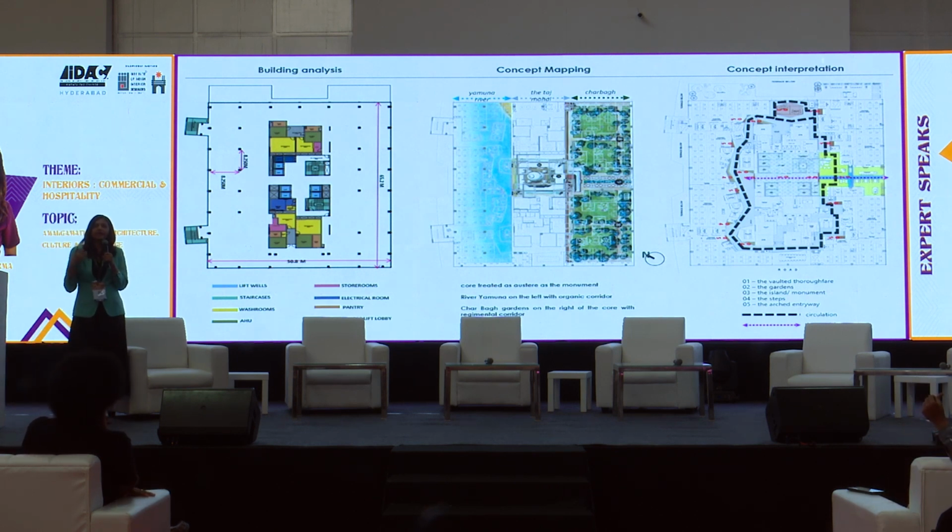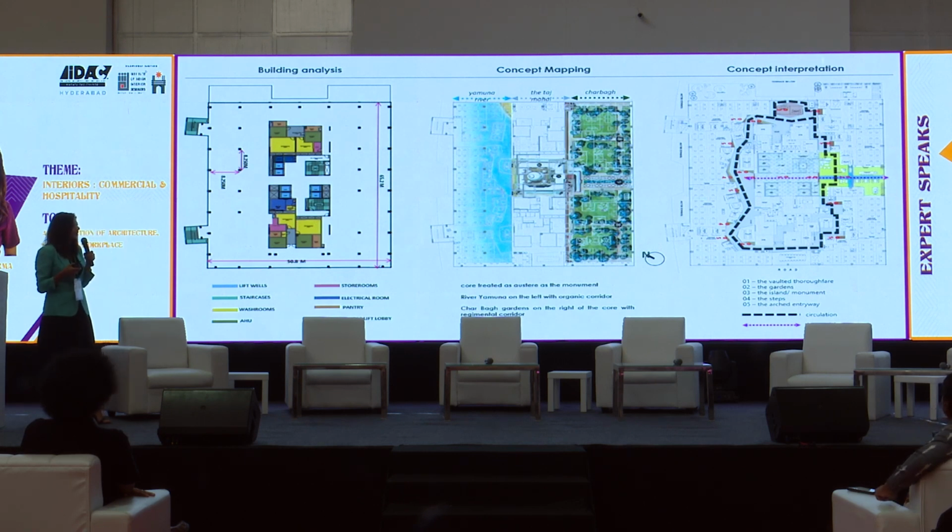That entire neighborhood was taken up, and that's how the layout was fixed. In the concept interpretation on the right, the river Yamuna became the organic corridors, and the regimental layout was the Charbagh. That's how we interpreted the concept of the Taj in terms of layout.